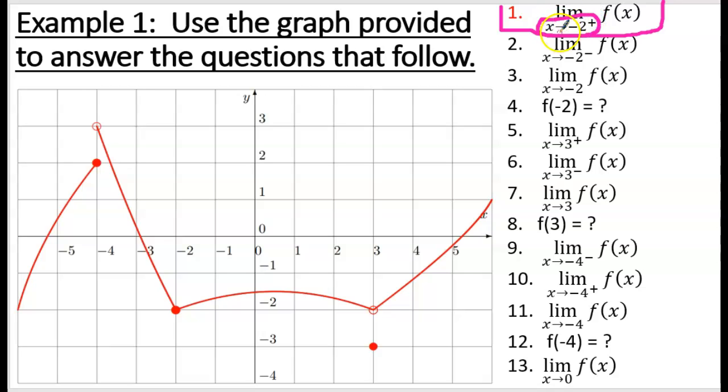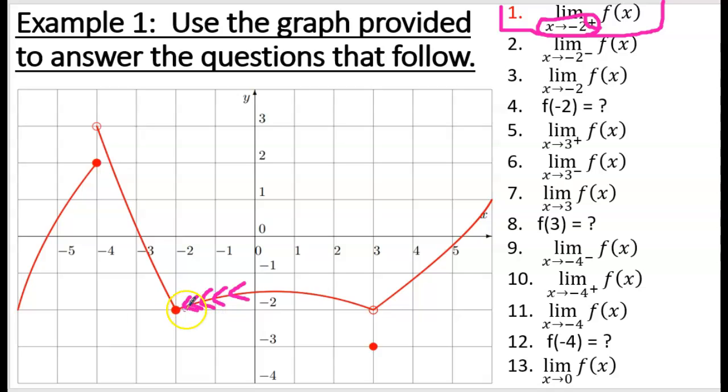What this means is we are approaching an x value of -2, but since there's a little plus right here, that means we're approaching -2 from the right of -2. So first of all, let's find where x equals -2 on this graph. That would be right here, correct? Now if I'm approaching that graph from the right, I'm coming at it from this direction.